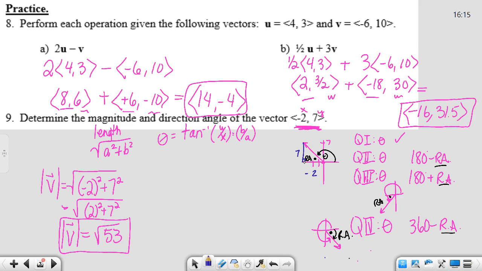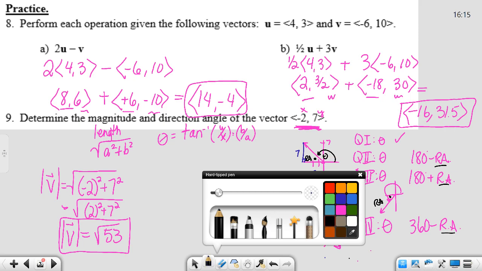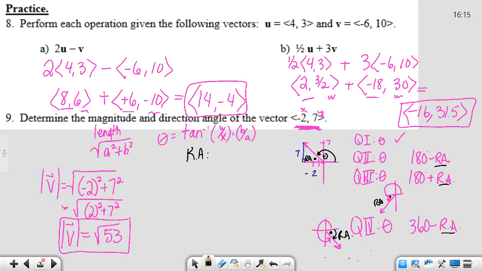And that helps me determine and look at my reference angle. I'm going to use tangent inverse of sine over cosine, the y over the x. And tangent inverse of that value gives us actually negative 74.05 degrees. So we're going to use approximately 74 degrees as the reference angle.